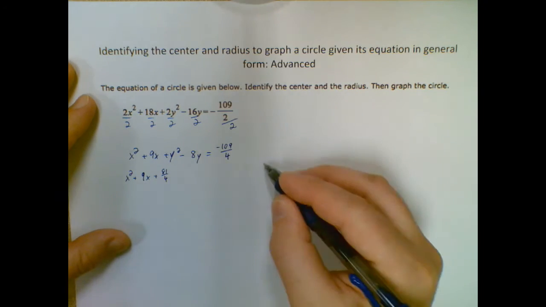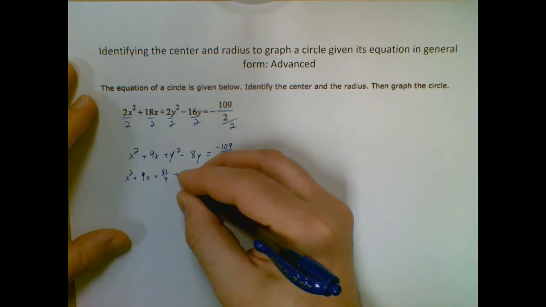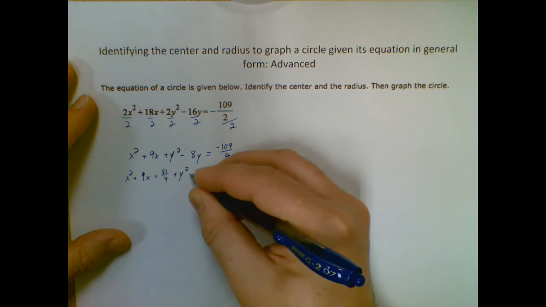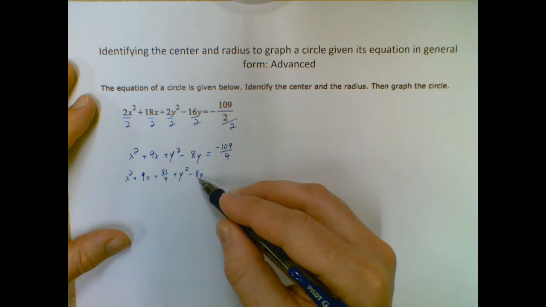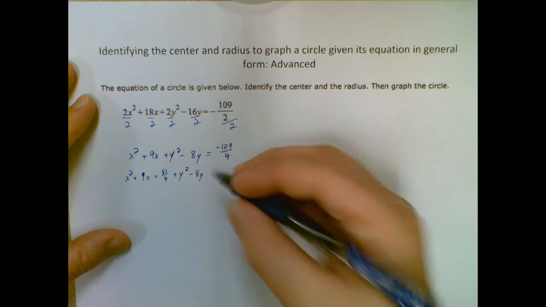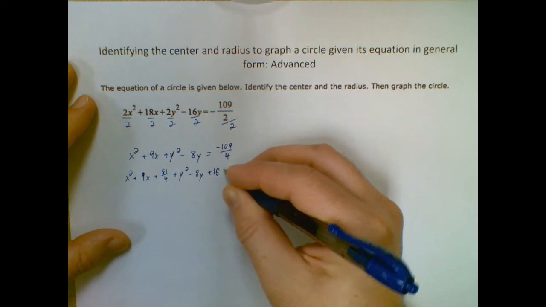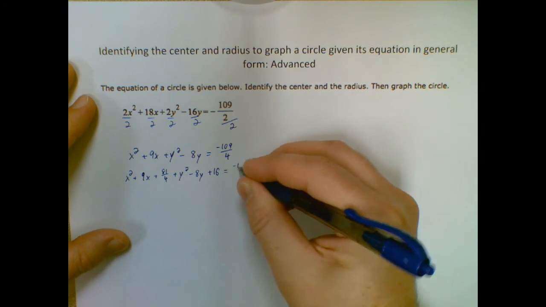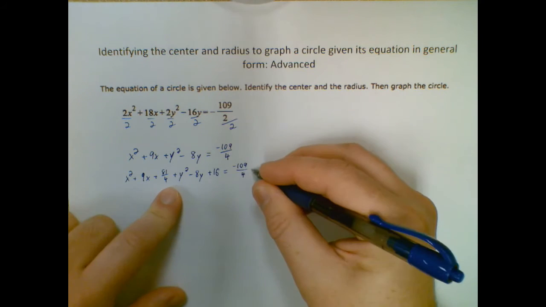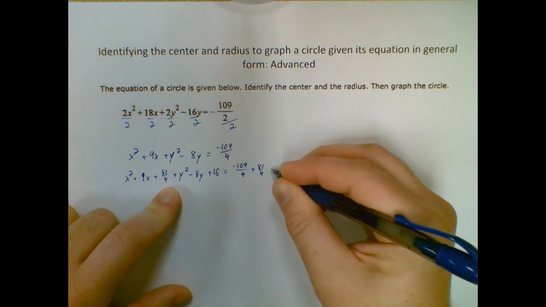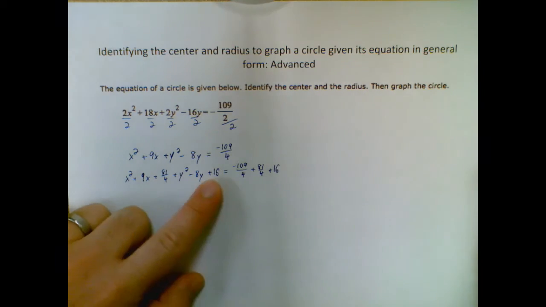We're going to use that on the other side as well, so make sure you keep that in mind. I'm going to do the same thing with this term. Negative 8 divided in half is negative 4, squared is 16. Then on this side, I need to add both of the things I added over here, so plus 81 over 4 plus 16.